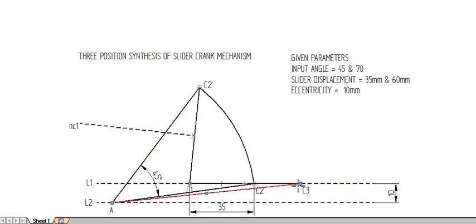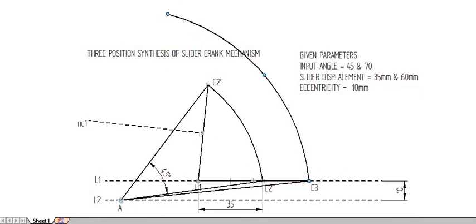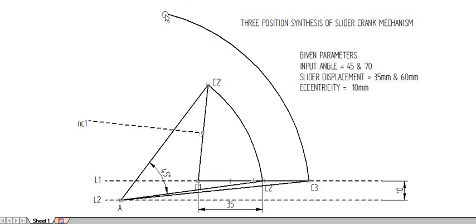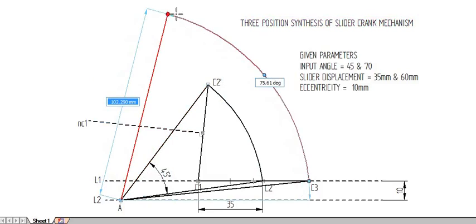With center as A and radius as AC3, I am drawing an arc. So now join A and the endpoint of the arc, which will be our C3 dash.